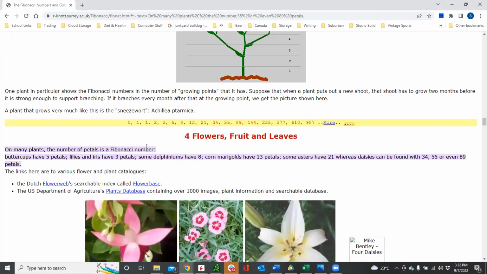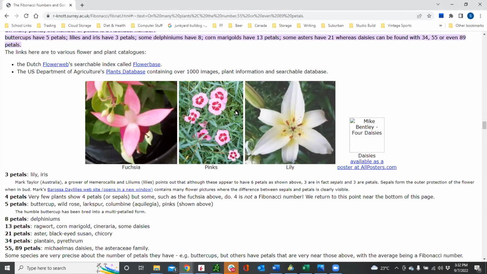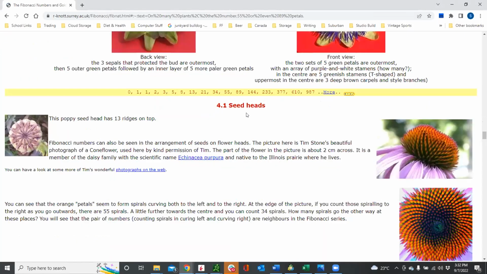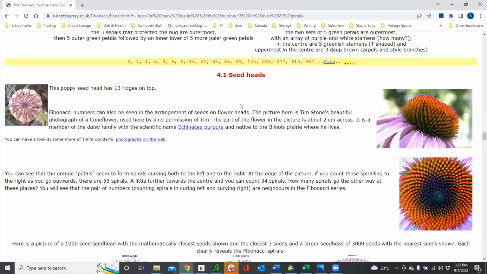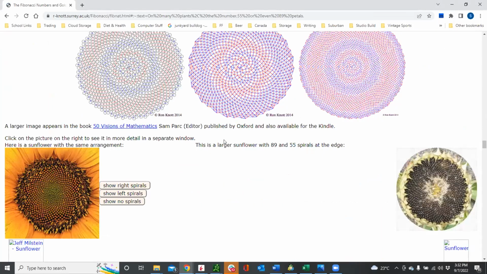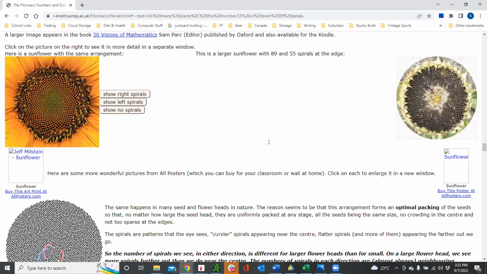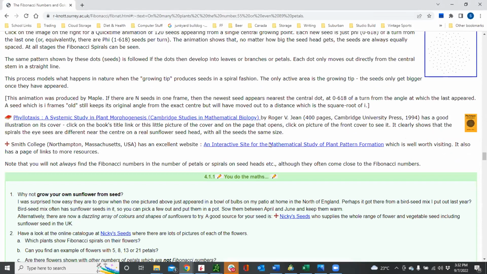And it's crazy that they're talking about flowers, but it's also seashells. So flowers, fruit, leaves, seed heads, right? I'm not going to spend a lot of time on this. I just think it's so cool how the Fibonacci numbers show up in nature.